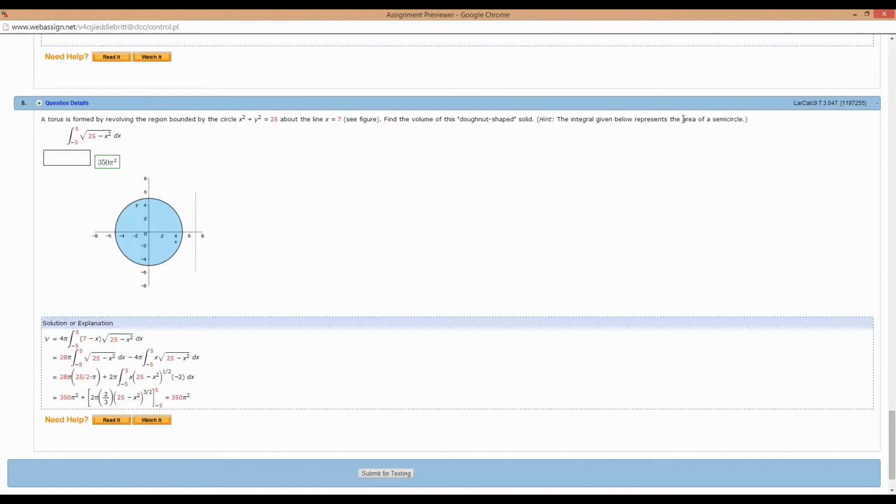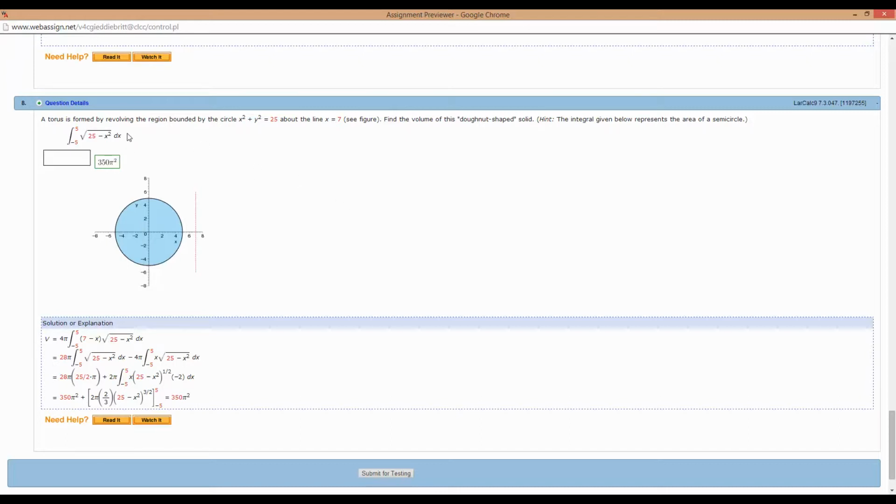It says this represents the area of the semicircle, so this integral is just going to be this top area. Pi r squared was 25 pi, and half of that would be 25 over 2 times pi. So if you wanted to know what this integral is equal to, it's equal to 25 over 2 times pi. That's important on down in the problem.